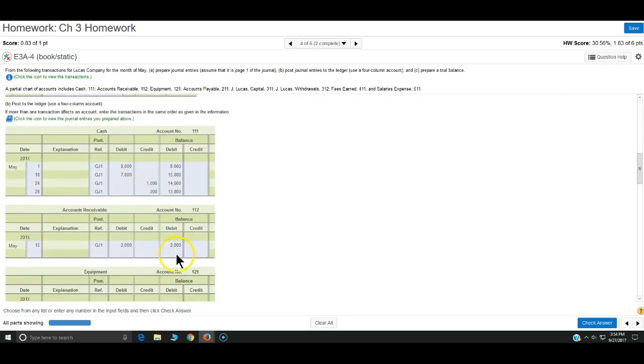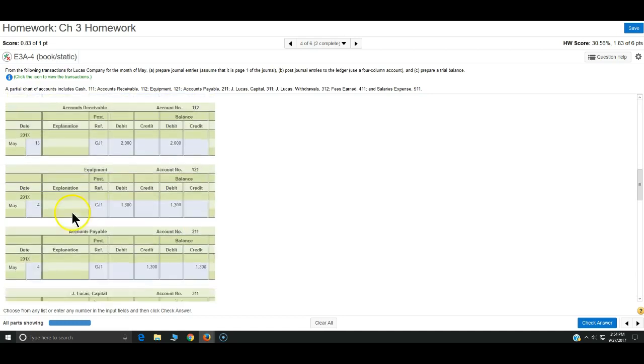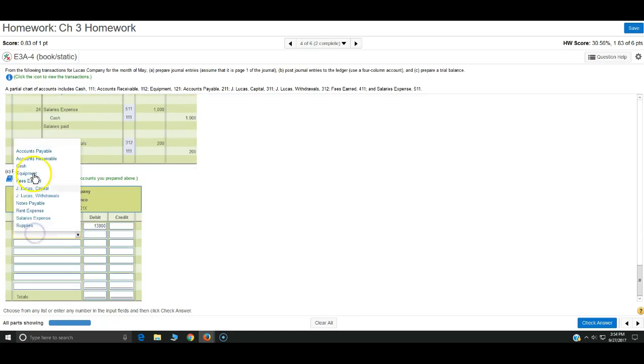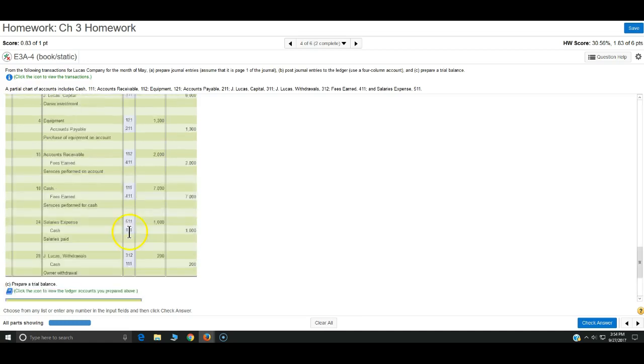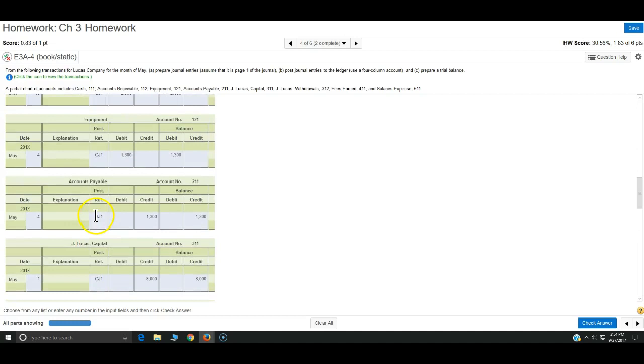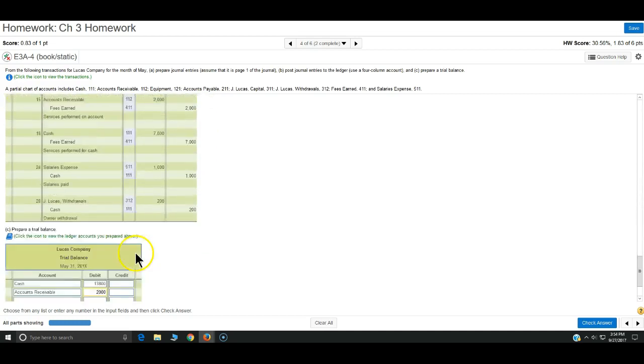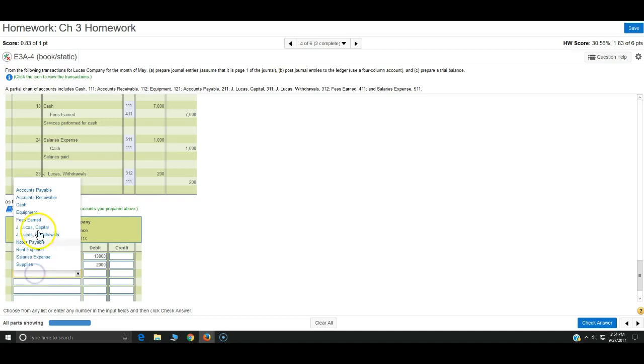13.8 debit balance, 2,000 debit balance, accounts receivable, 2,000. Back up here, 1,300 debit equipment, that's the balance, 1,300.